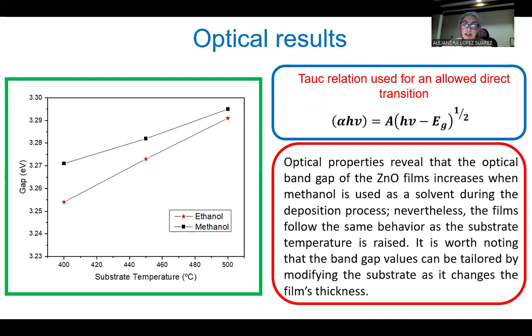They follow the same behavior as the substrate temperature is raised, and we can see from these results that the band gap can be tailored by modifying both the substrate temperature or the solvent, methanol or ethanol, that we use during the reaction in the pyrolysis experiment.